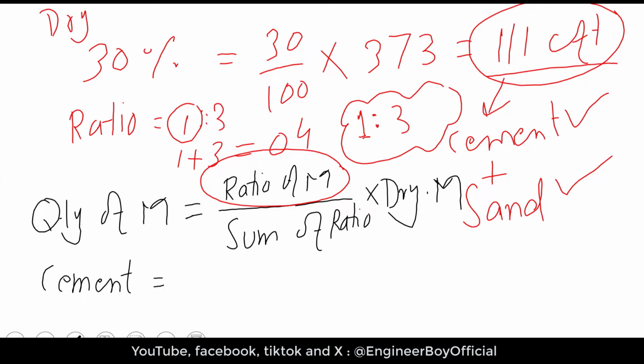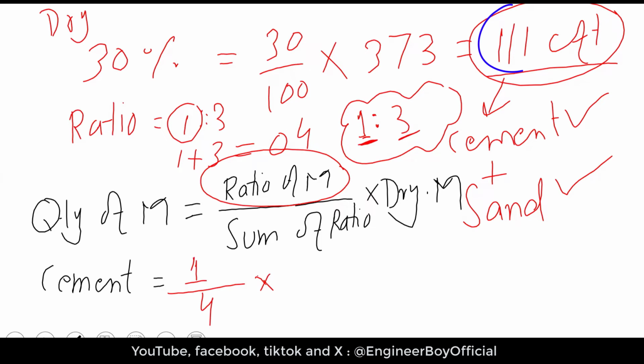The ratio of mortar: one represents the cement's quantity, and 3 represents the quantity of sand. So we take the ratio of material, which is 1 this time, and divide it by the sum of the ratio, which is 4, and then multiply this with the dry mortar, or the dry volume.